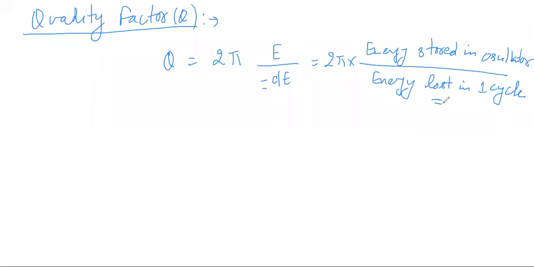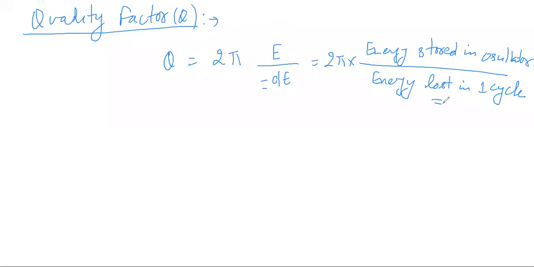So the quality factor basically gives you an idea how close you are to an undamped oscillation, whether it's a mechanical oscillator or an LC circuit, an electrical oscillator. The more the damping, the less your quality factor. The less the damping, the higher your quality factor.